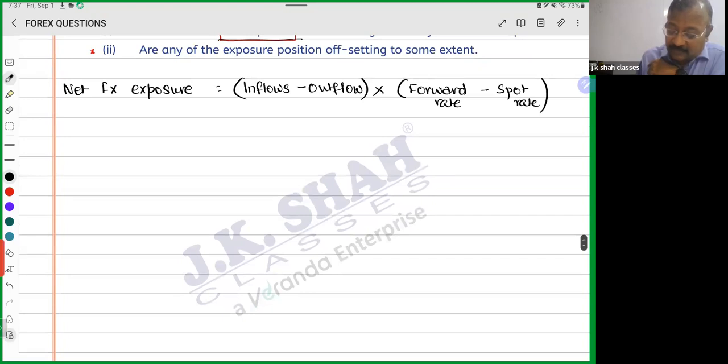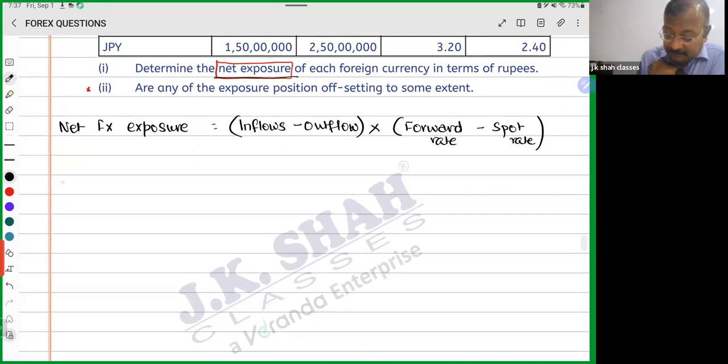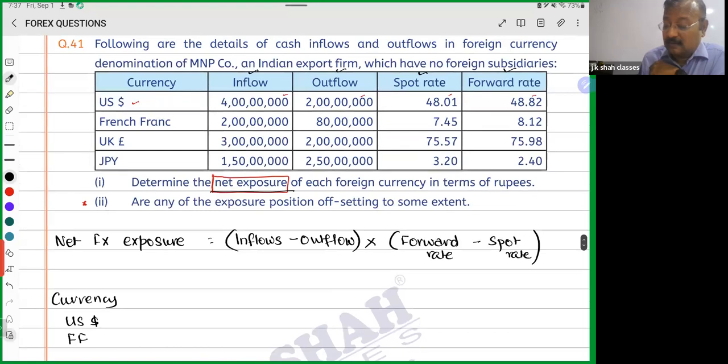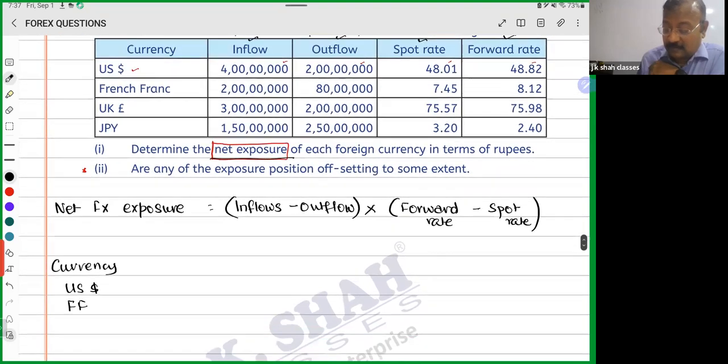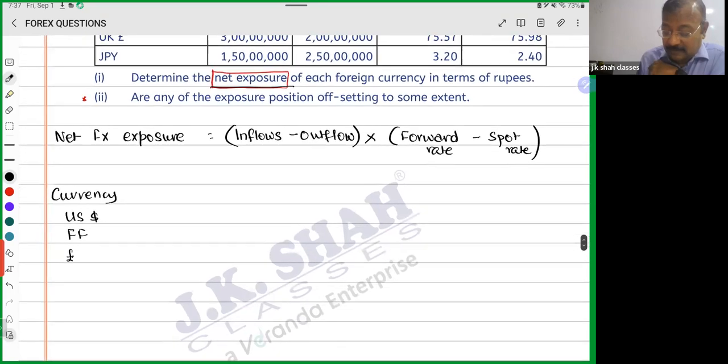So let's take the various currencies: US dollar, French franc, pound, and yen.